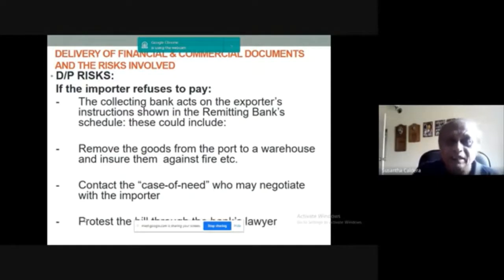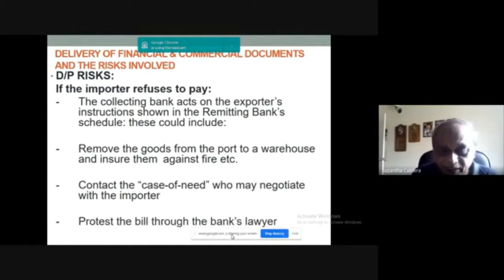The other one is protest the bill through the bank's lawyers. All three we have to discuss when we are discussing the URC 522. The first one, remove the goods from the port to warehouse and insure them against fire, is URC 522, Article 10.